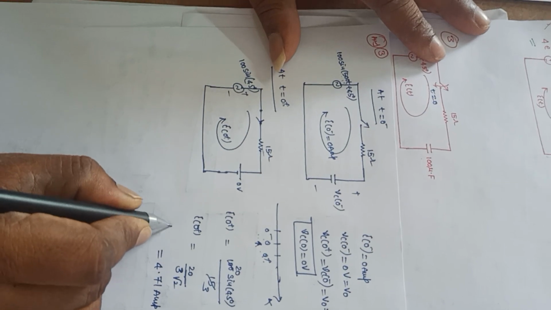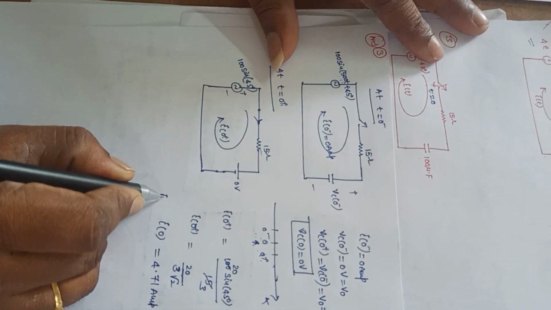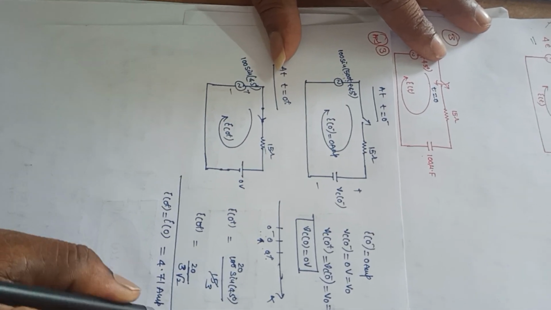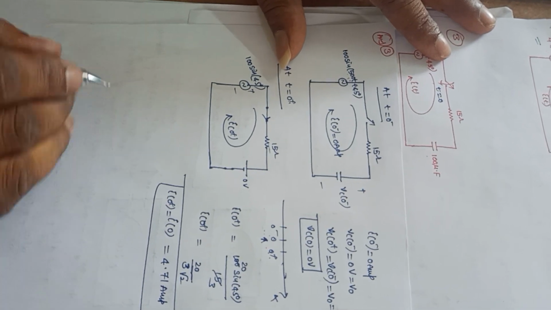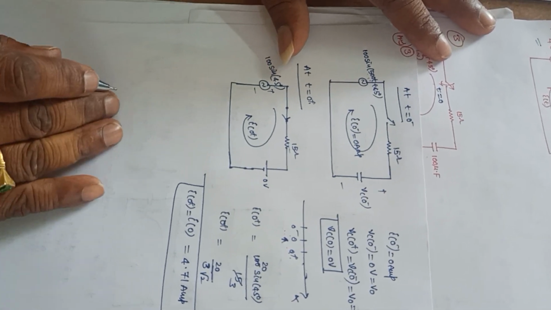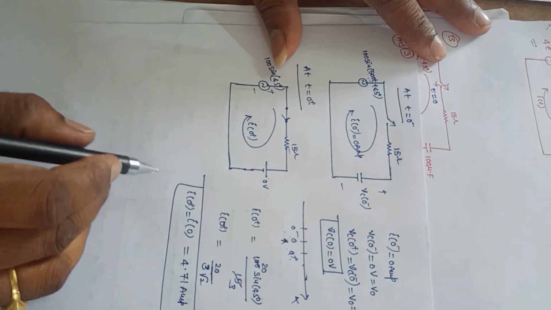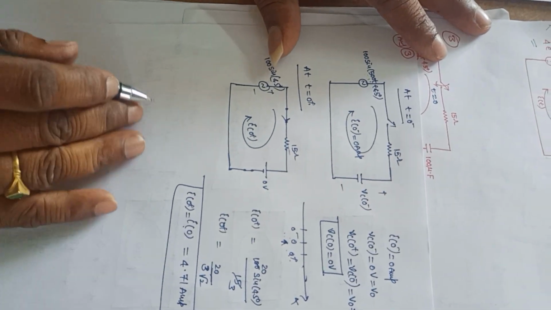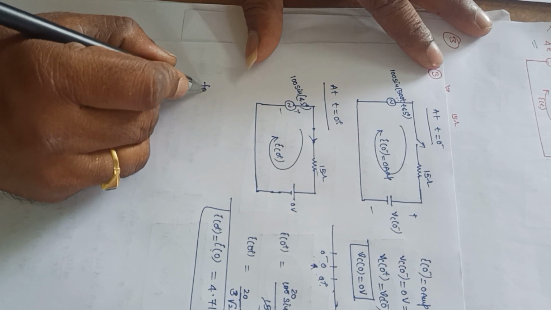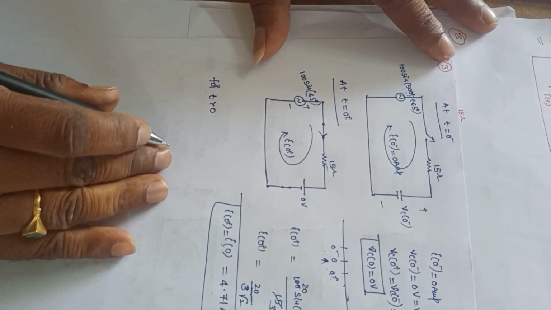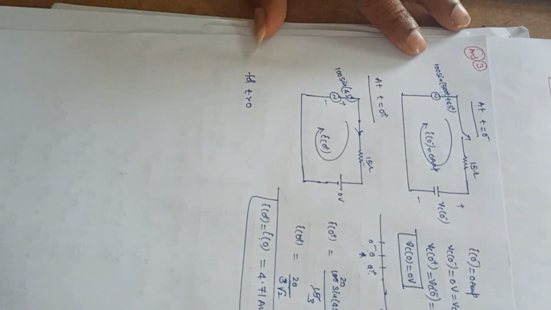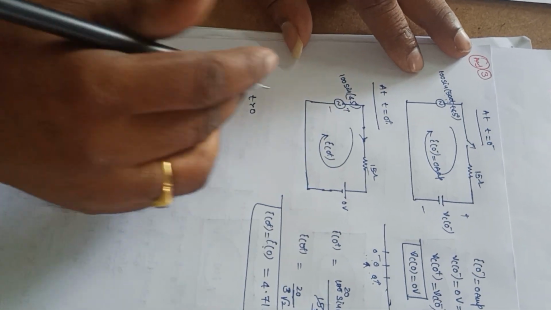So I of 0 plus is equal to I of 0, that is equal to 4.71 amperes. So it is the initial current at t is equal to 0, just after the switching action, 4.71 amperes.